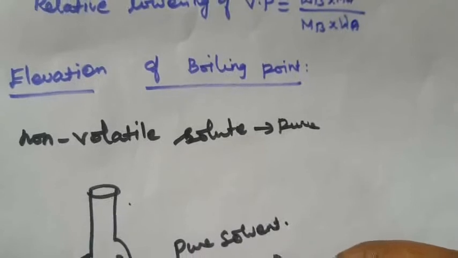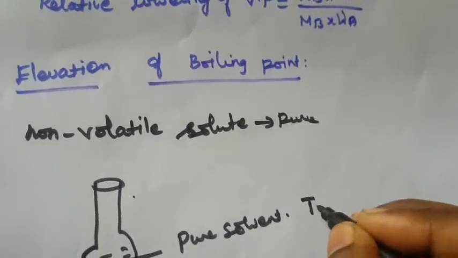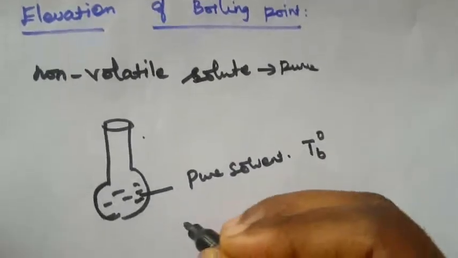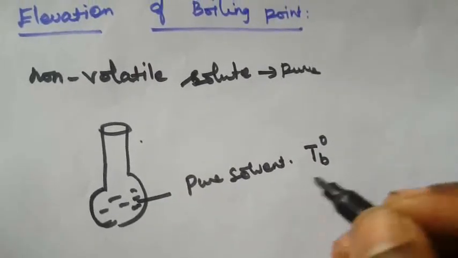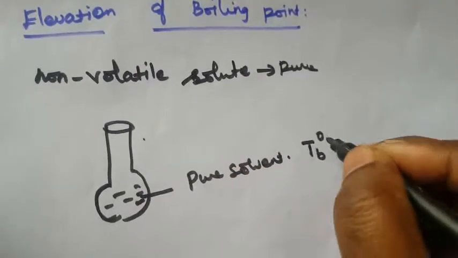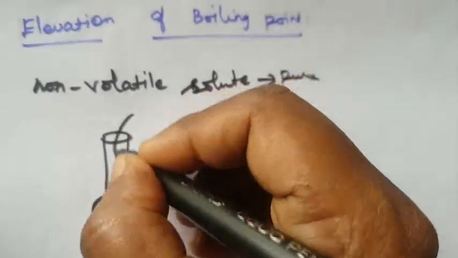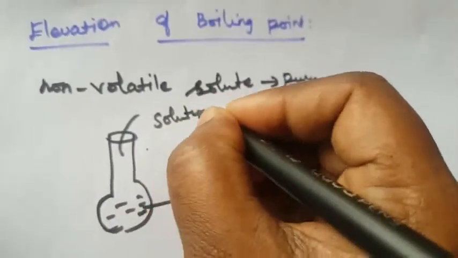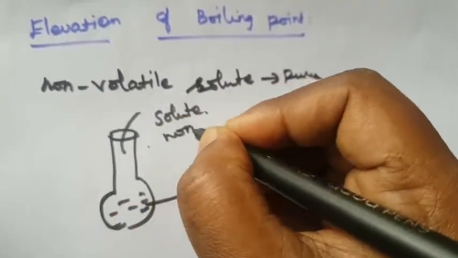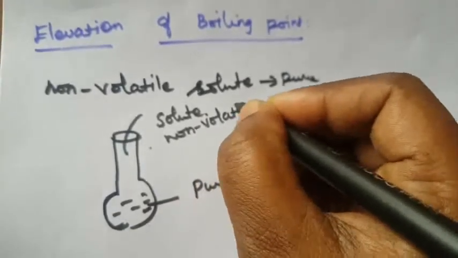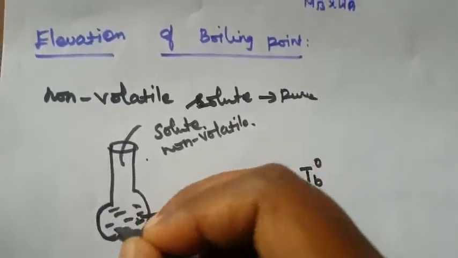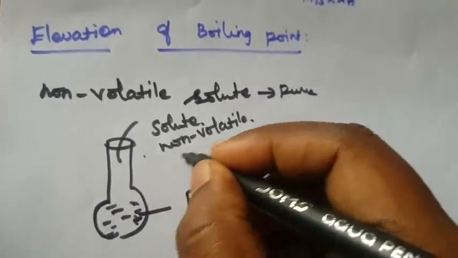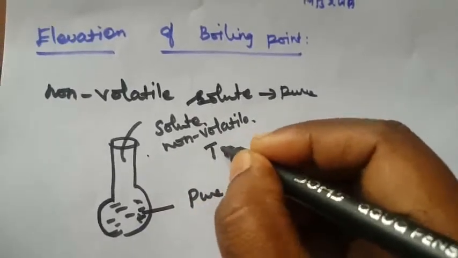The boiling point of the pure solvent at 1 atmosphere can be calculated, that is T0B. Now again we add a known weight of the non-volatile solute. After we measure the temperature, the boiling point of the solution can be calculated, that is TB.